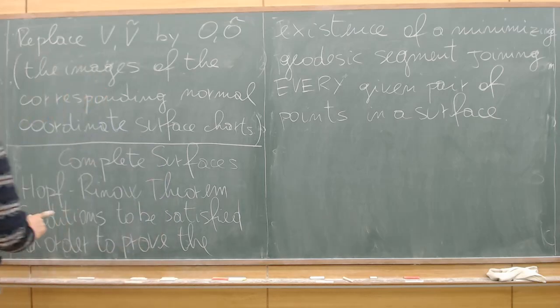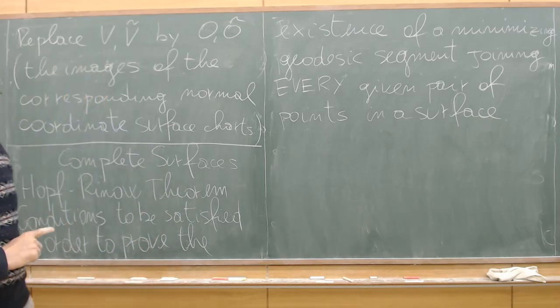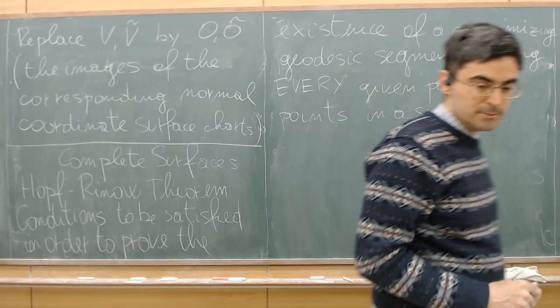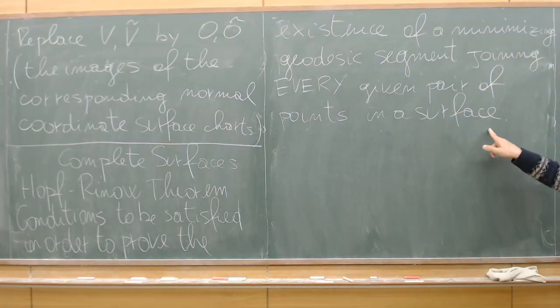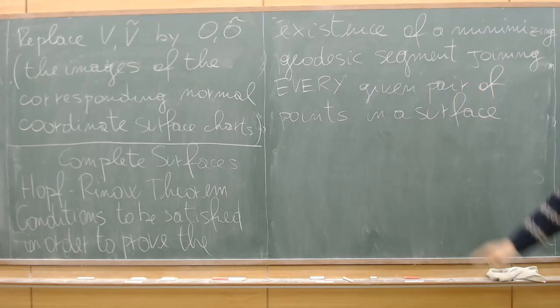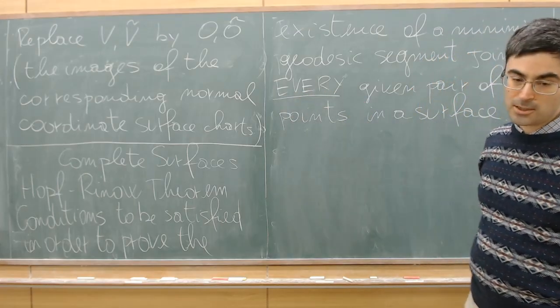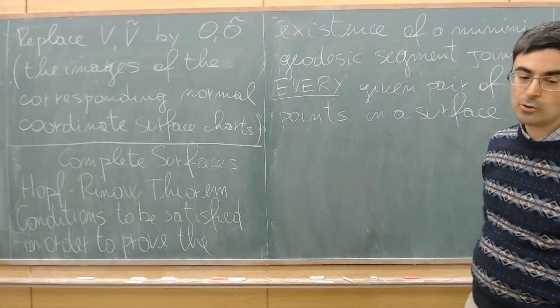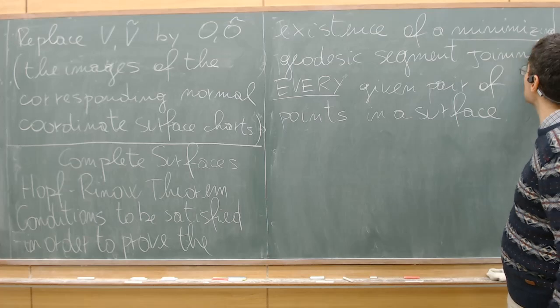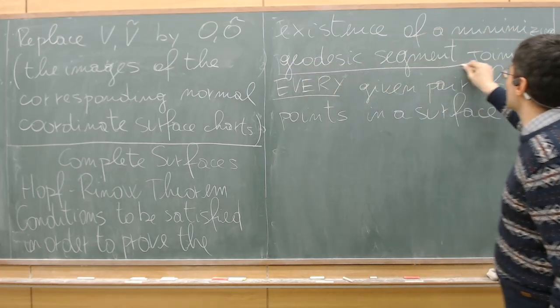So this result is much stronger than the result we saw before, because the results we saw before were about the existence of a minimizing geodesic segment inside a special normal neighborhood. Instead, here we are saying that I give you an arbitrary pair of points, and that you can conclude that there exists a minimizing geodesic segment.